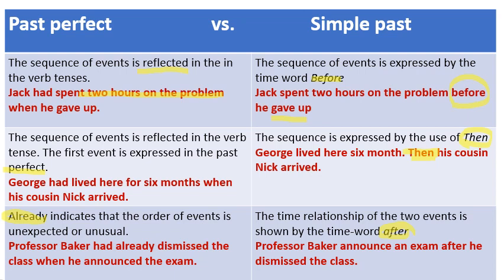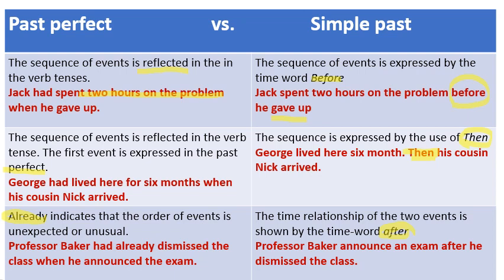Now let's compare the past perfect with the simple past. Like I said earlier, the sequence of events is not indicated using the close marker with the past perfect. Therefore, we use the past perfect to indicate the sequence of events. Let's look at the sentence. Jack had spent 2 hours on the problem when he gave up.